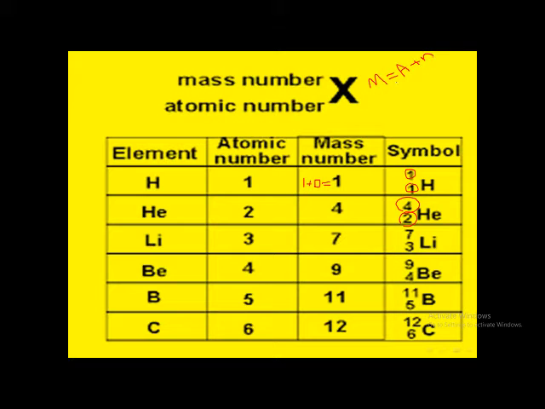Why? Because the atomic number represents the number of protons inside the atom. So what is the mass number for helium? It's 4. What about the atomic number of it? It's 2. And we want to find out the number of neutrons. So the number of neutrons is 2.